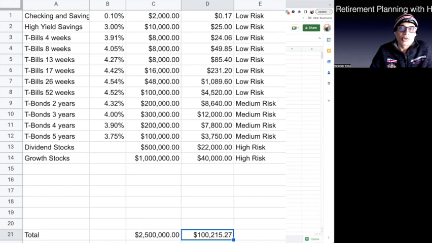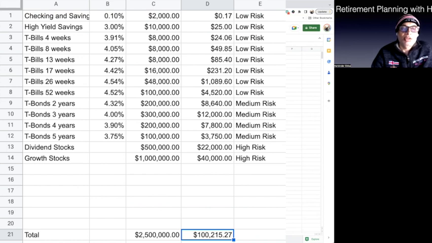And that's our goal. Some years you will realize this goal, and some years you will not. Some years your dividend income will be 22,000, and some years you might not get 22,000.